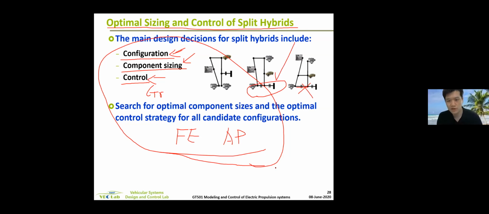In the old days, if you look at the Toyota hybrid system and the GM Volt, they evolved their architecture. It took 20 to 30 years to get to the current architecture. They tried different architectures, and as they moved on, they optimized their architecture, their component size, and their control.